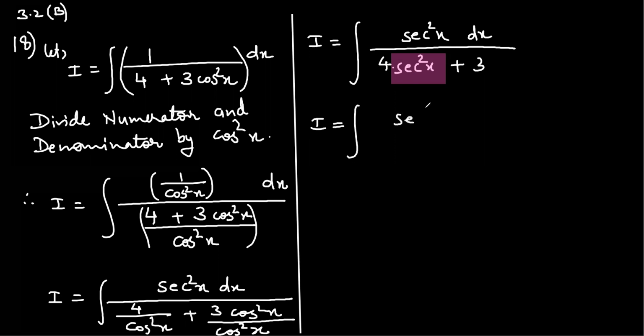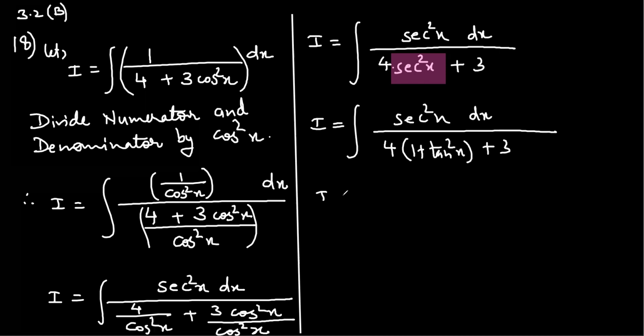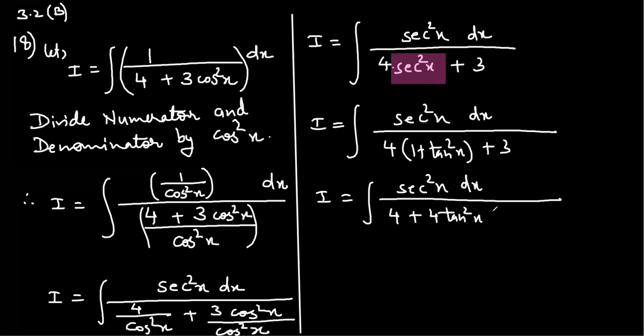So here I have sec square x dx, and in the denominator I have 4 times 1 plus tan square x plus 3. So I equals sec square x dx, and I multiply this 4 inside: 4 plus 4 tan square x plus 3.